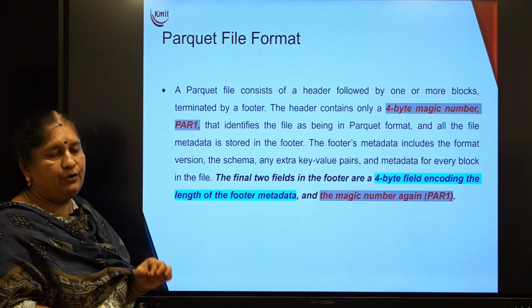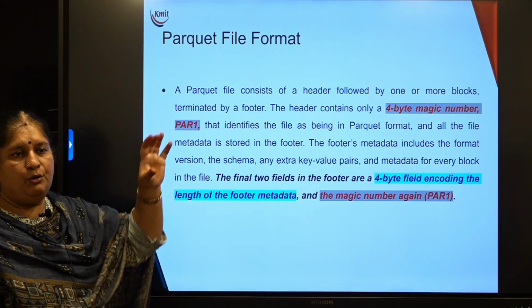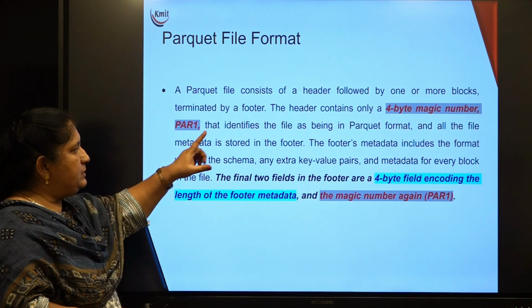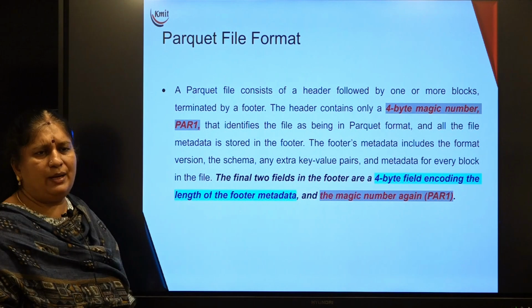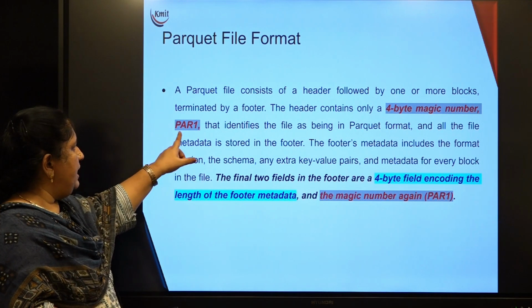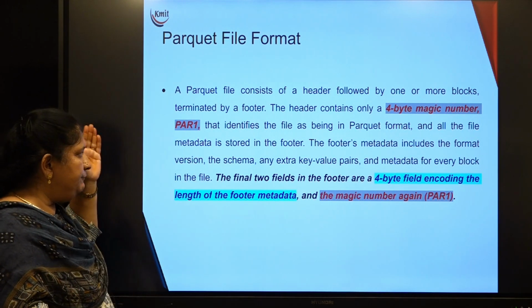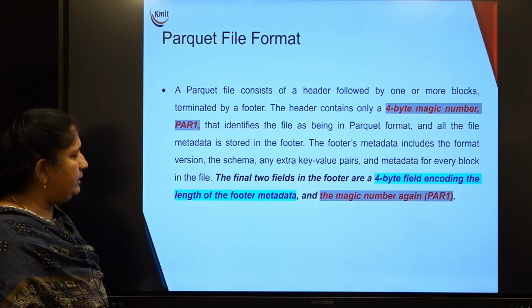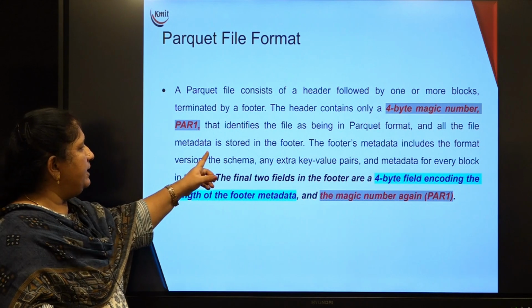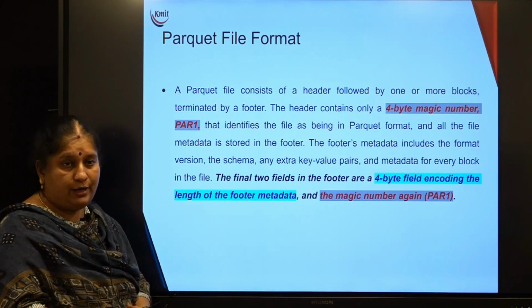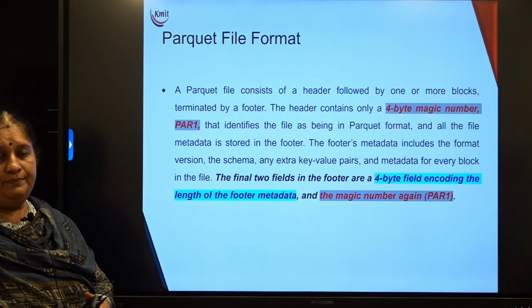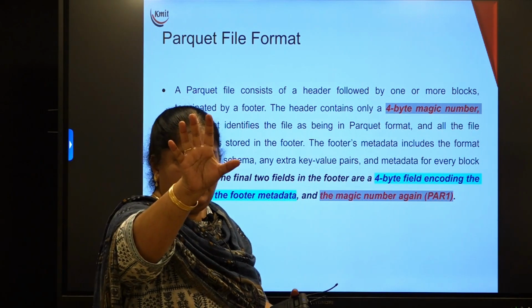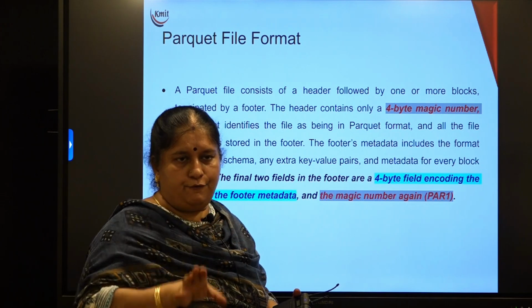PAR1 stands for, it's a Parquet file and you are in the header section, right? Why is it 4-byte? Every character occupies 1 byte. So PAR1 identifies the file as being in Parquet format, and all the file metadata is stored in the footer.